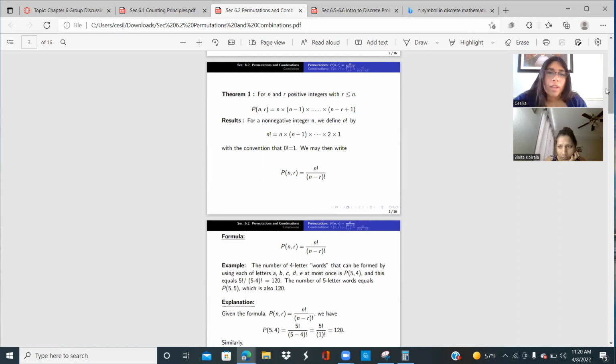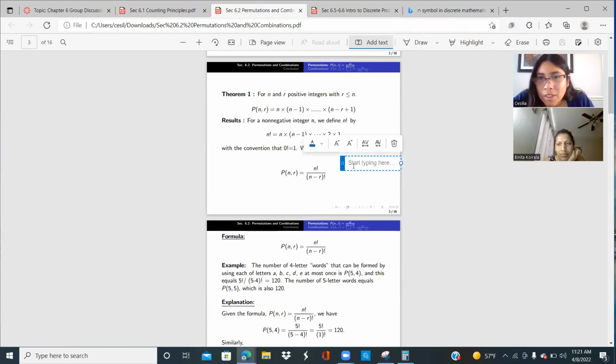Factorial, I guess. So that's basically the formula. Let me see if I can draw some notes right here. Okay, let's say we have P(1, 2). In order to write that out, let me try a different example.